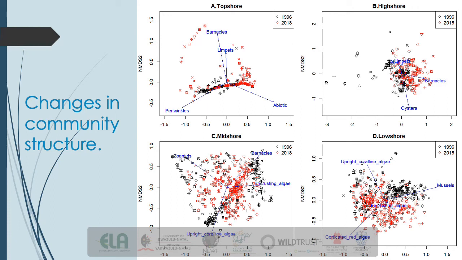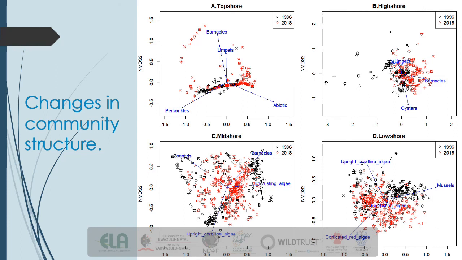This is concerning since periwinkles are the species that are characteristic of the top shore, and they have been used in other studies as indicators of change because they are exposed to the atmosphere for a very long time, and they are then again exposed to water at high tide. So when we noticed that they had decreased, this was concerning.